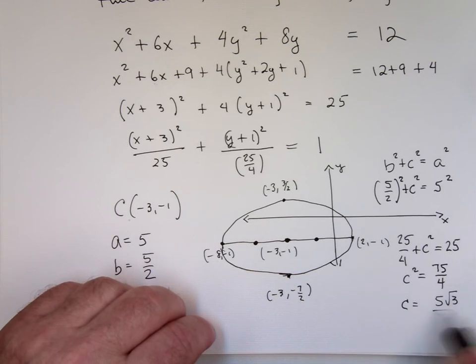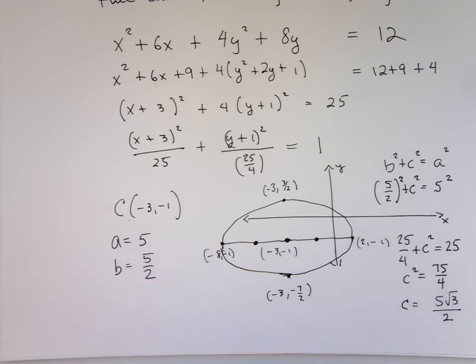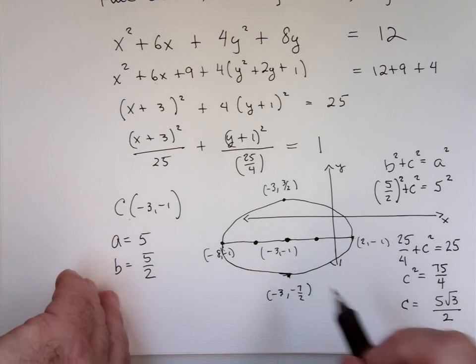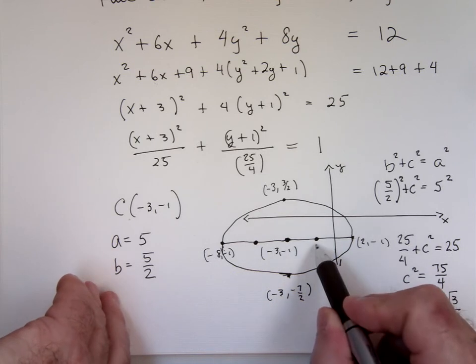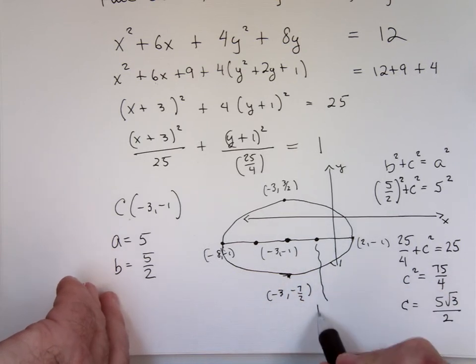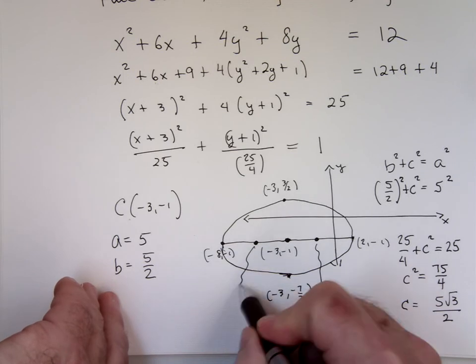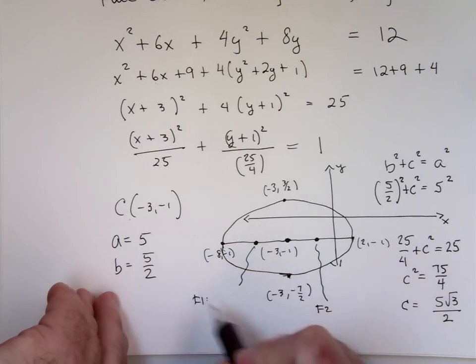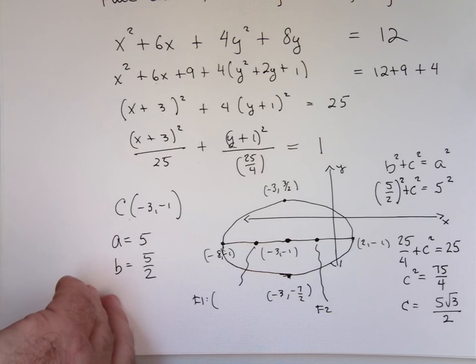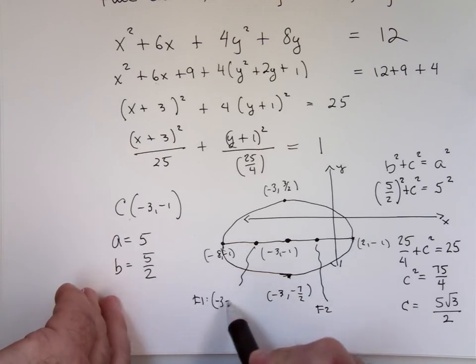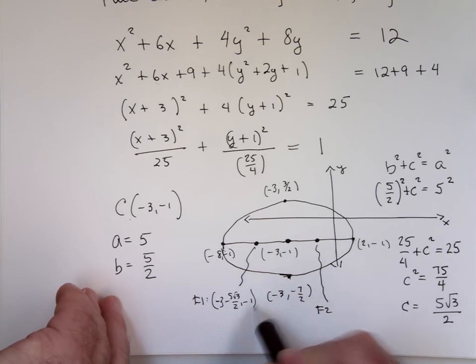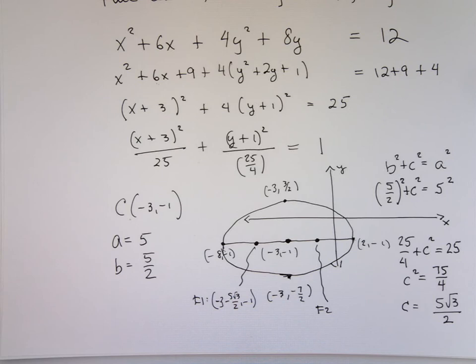Holy moly. So here we go. One focus. Call it F2. This is F1. Is equal to -3 minus 5 square roots of 3 over 2, -1. Nice answer, you stupid problem.